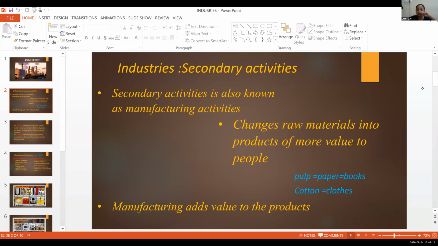Secondary activity includes manufacturing. When we discussed the lesson on agriculture, we learned three activities: primary, secondary and tertiary. Primary means extraction of natural resources. Secondary activity is production, processing, manufacturing. So industries are secondary activities, also known as manufacturing activities, producing things for sale and use.